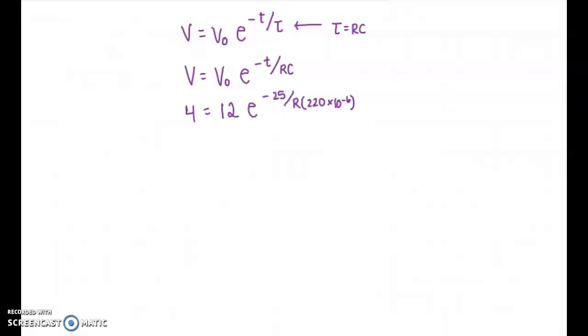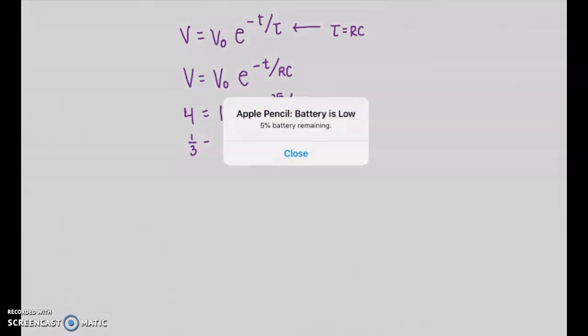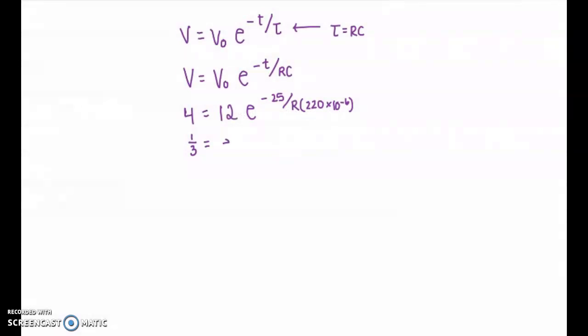The first thing I'm going to do is divide both sides by 12. That gives me 1/3 on the left. Now I'm noticing that my R is kind of stuck in the exponent of this e to that hot mess.